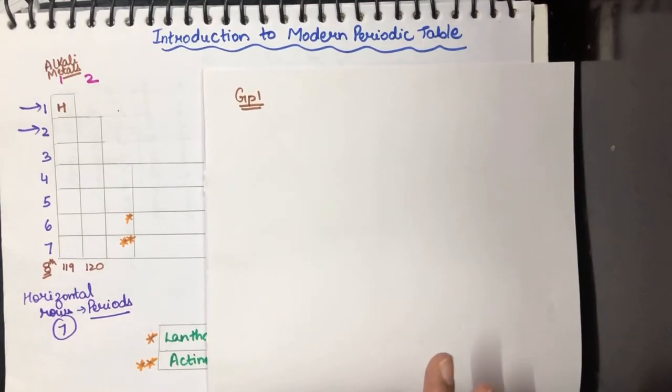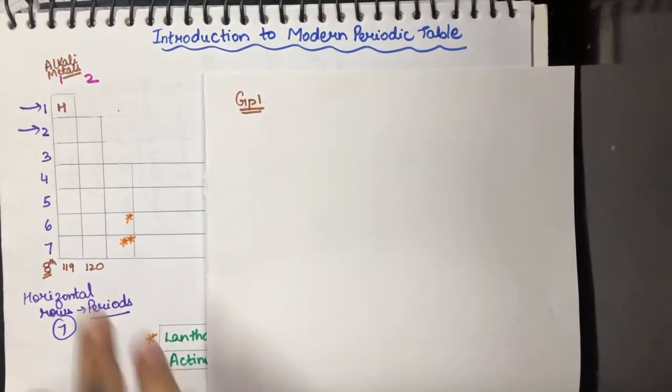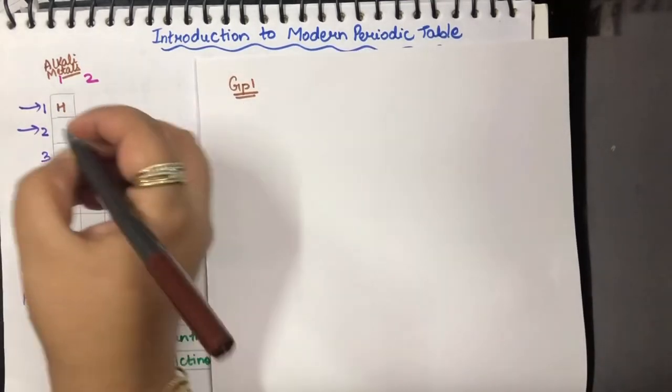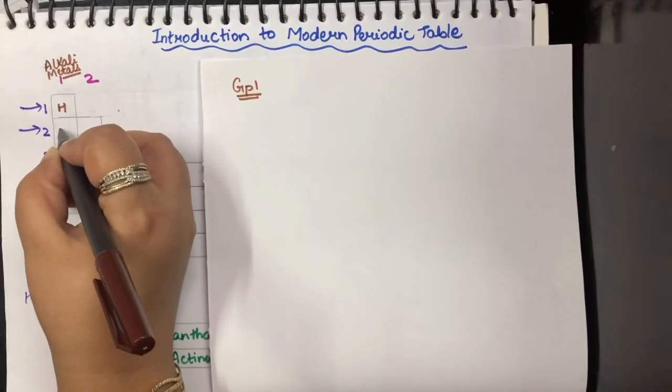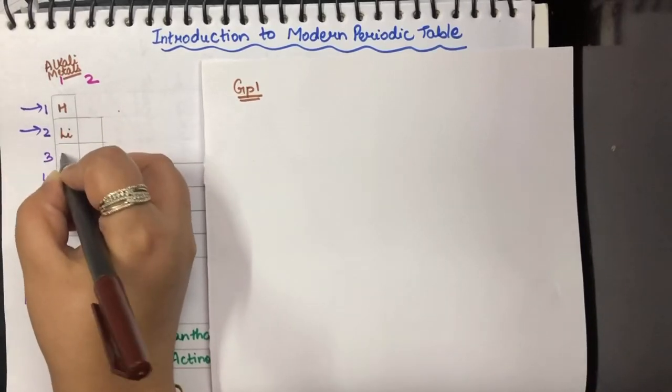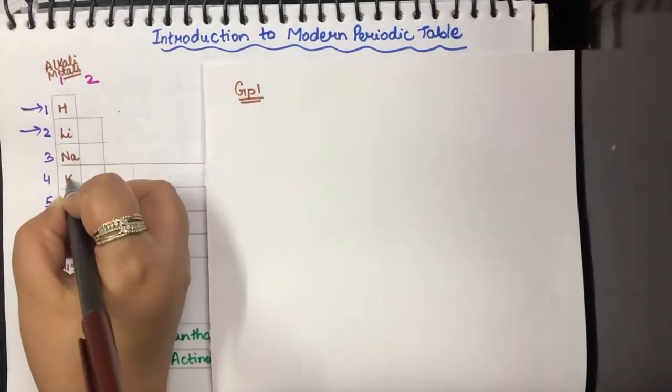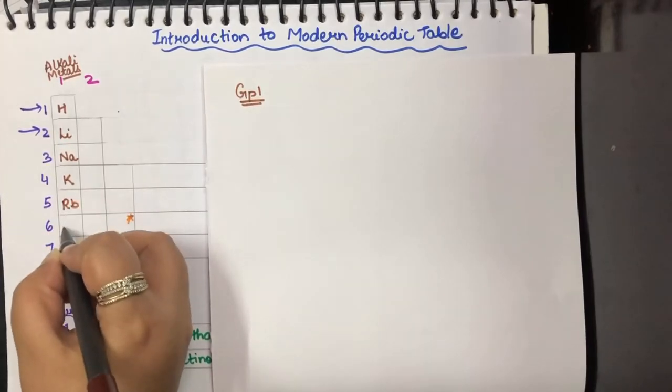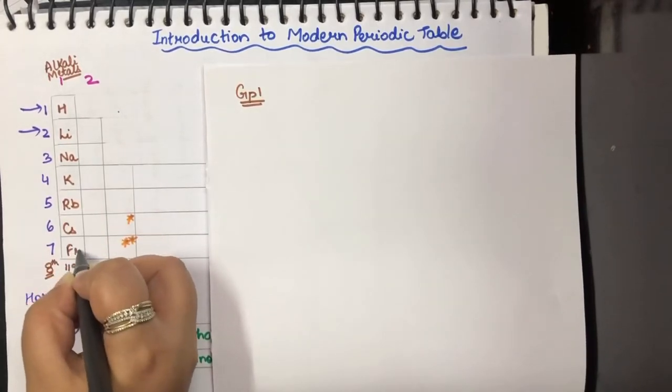But whenever I list alkali metals, I will exclude hydrogen from that list because hydrogen has a questionable position which is still not rectified today. But yes, it is placed here. So it is hydrogen, and now my alkali metal group starts, which is lithium, sodium, potassium, rubidium, cesium and francium.